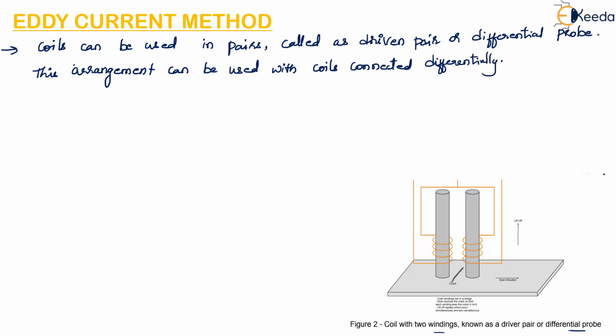So in this way, lift off, that is the distance of the probe from the surface, that is signals, can be enhanced. Lift off signal is nothing but distance of the probe from the surface. So you can enhance the signals by this differential arrangement.